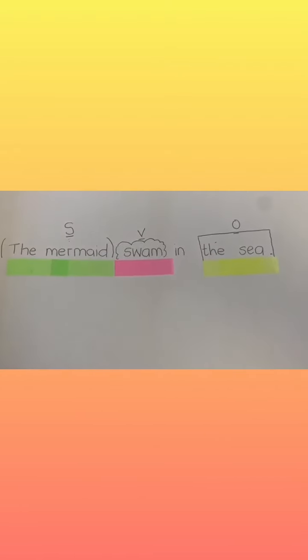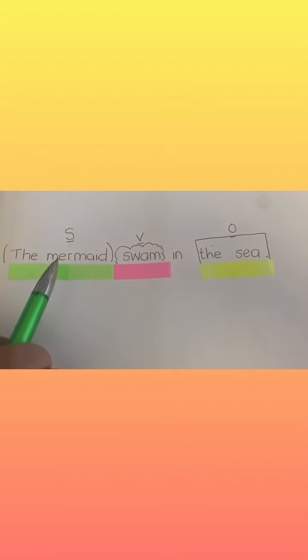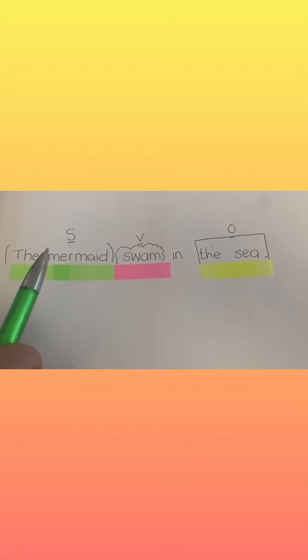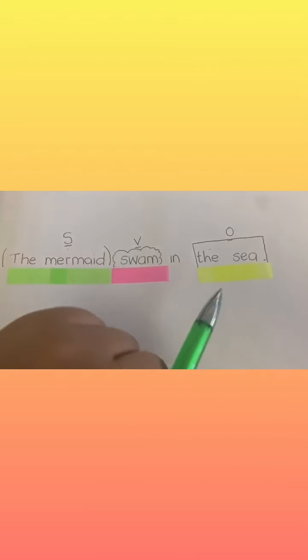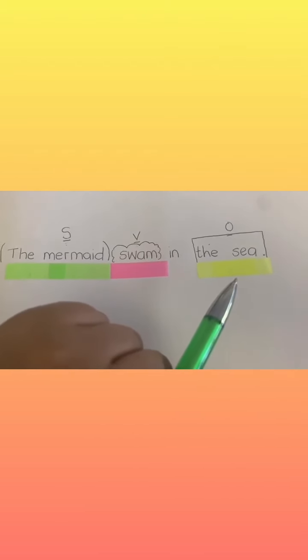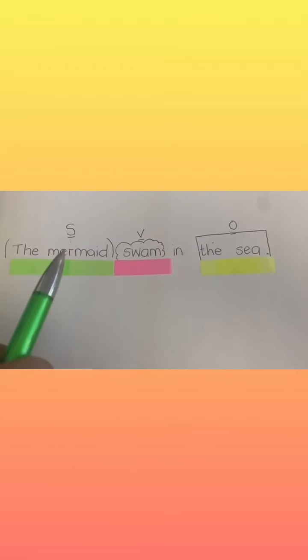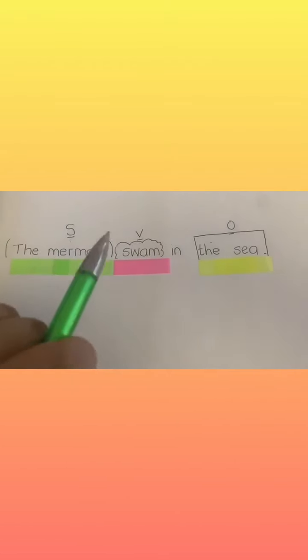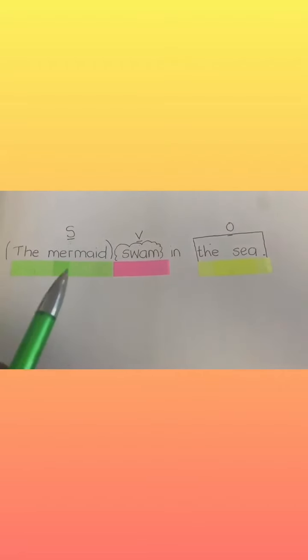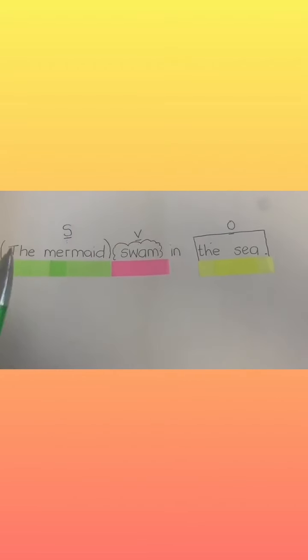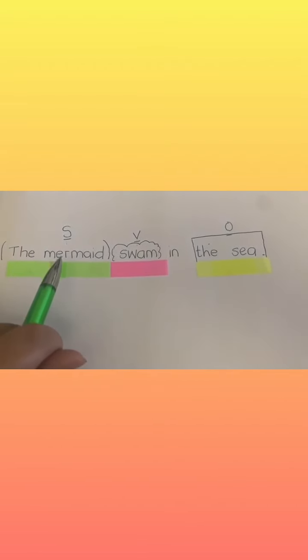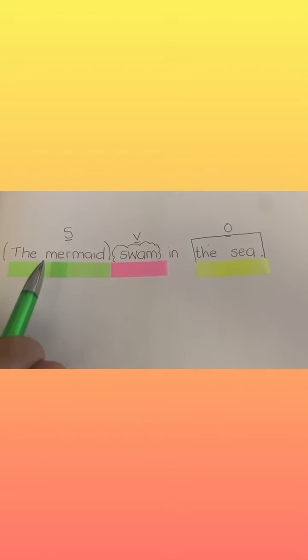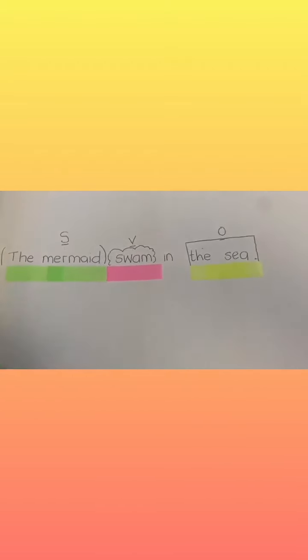The object of a sentence is who or what the subject interacts with. So the object is always based on what the subject is interacting with. So in this case, the subject, the mermaid, is interacting with the sea.